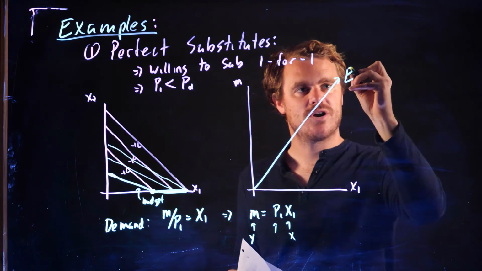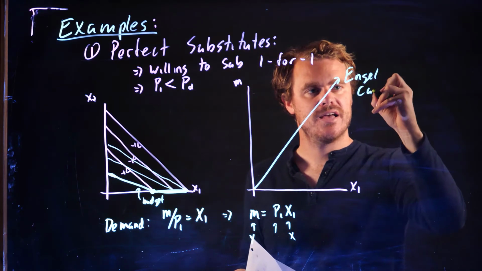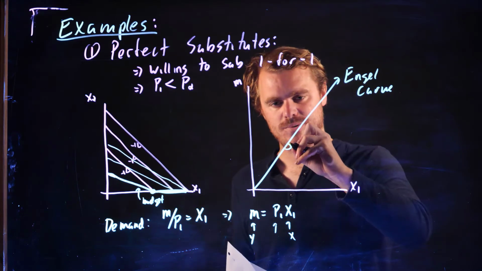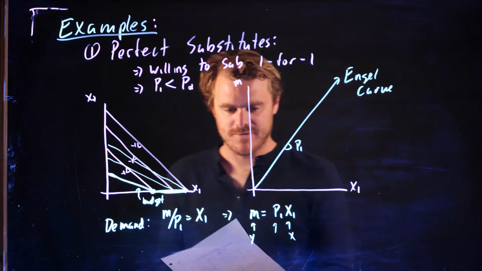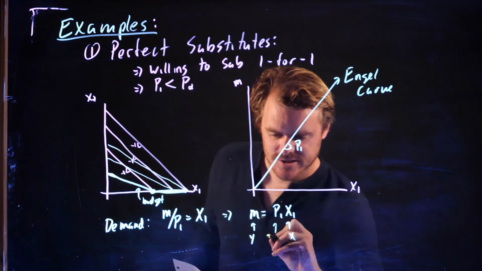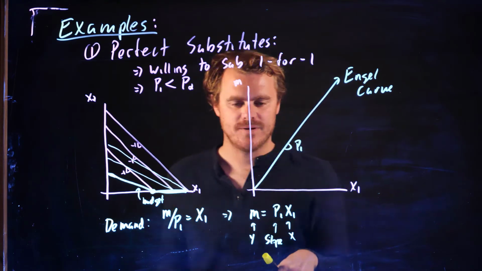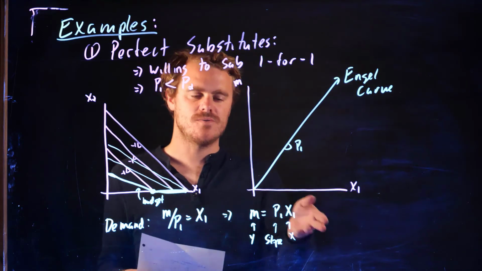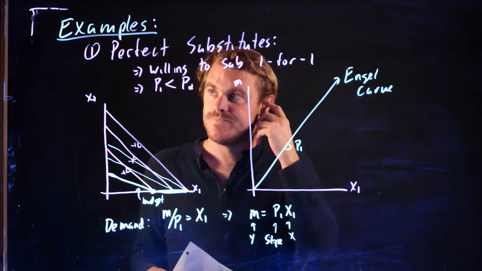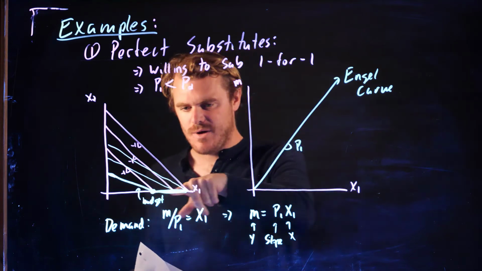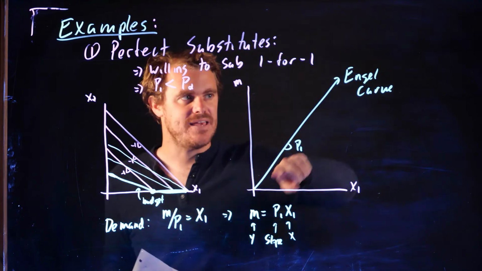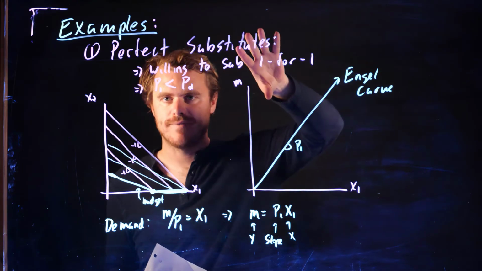Notice it has a positive slope of P1. If we think of M as the Y variable and X1 as the X variable, the intercept equals 0, and we have this line out of the origin. So this is what the income offer curve and the Engel curve look like for perfect substitutes.